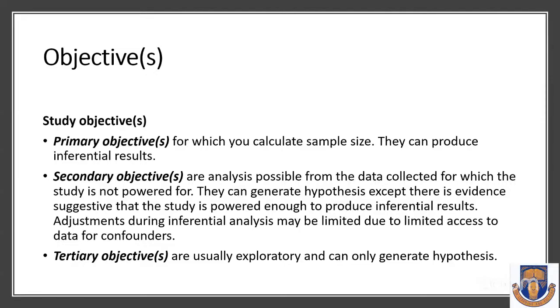Or my secondary objective can look at the association between age and sex, because these are all variables in the data and I can start to play around with them. But I appreciate that this sample size was not calculated to be able to do that. I hope this helps. Thank you for listening.